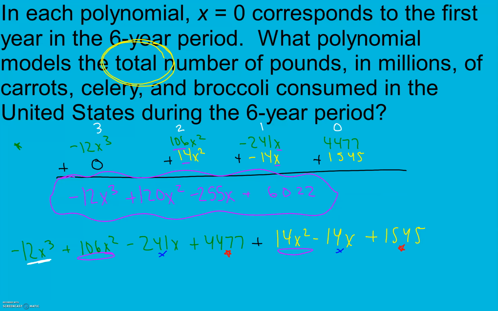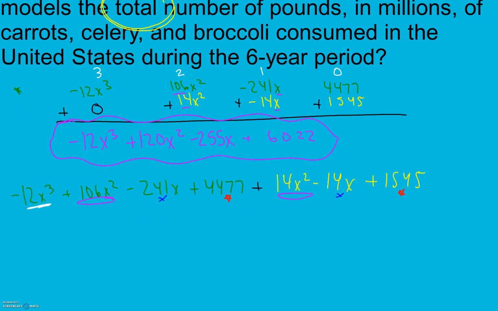Here I can keep them differentiated by color and by little shapes or things underneath them. But if it's easier for you to put them in the columns just to help you keep organized, then feel free to do that. So here, again, I would have negative 12x cubed. With my x squareds, I would combine my number parts, keep my variable.